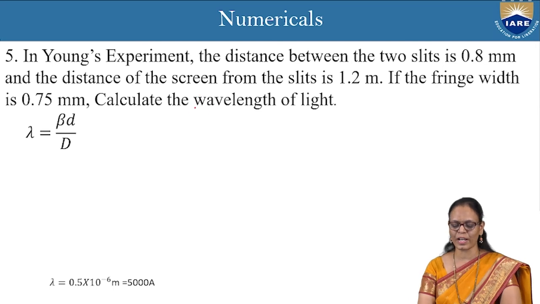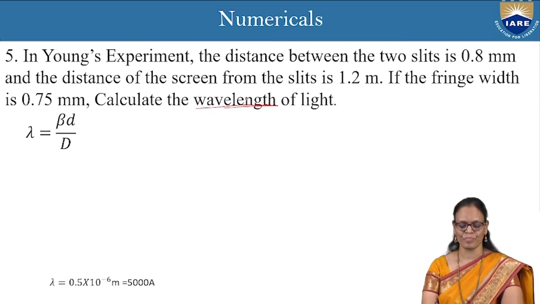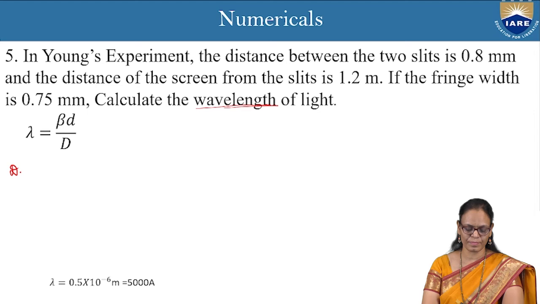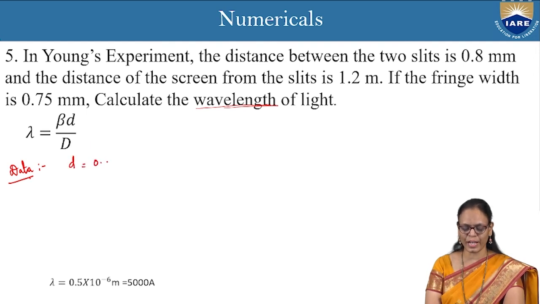So we'll write the data first. Distance between the slits, small d, is 0.8 millimeter, and capital D, distance of the screen from the slits, is 1.2 meter. And the fringe width beta is 0.75 millimeter. We have to find lambda.